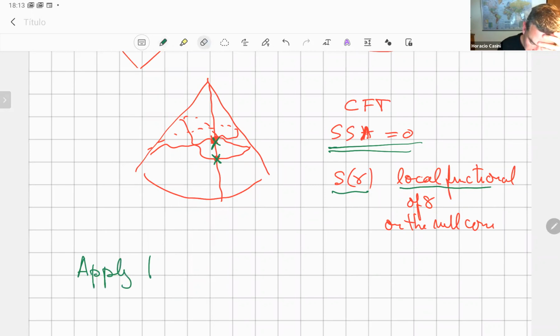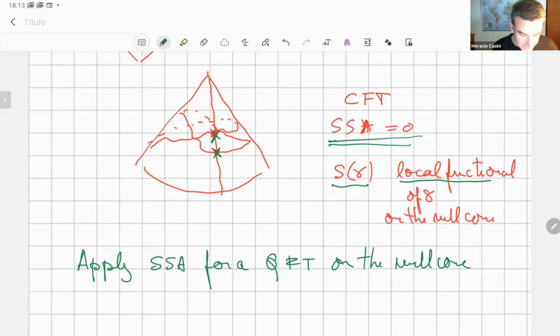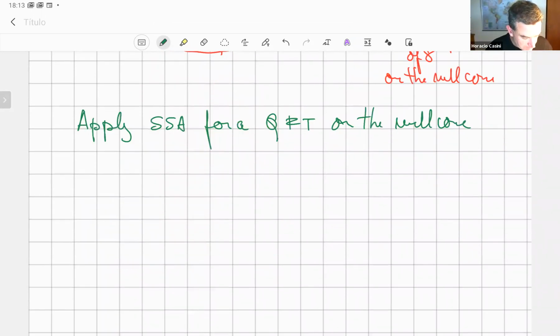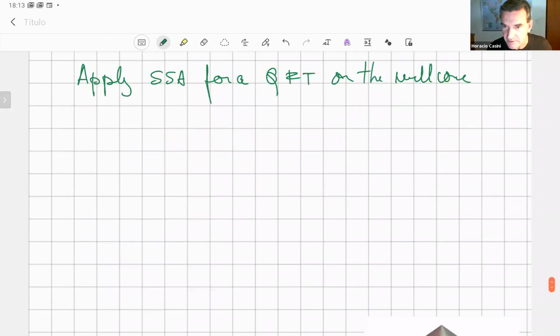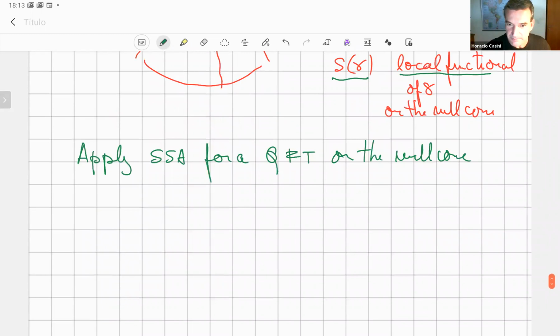So we have to apply strong subadditivity on the null cone. And automatically, the inequality will be 0 for the ultraviolet fixed point. Well, I think I will stop here, because otherwise it's not going to add much.